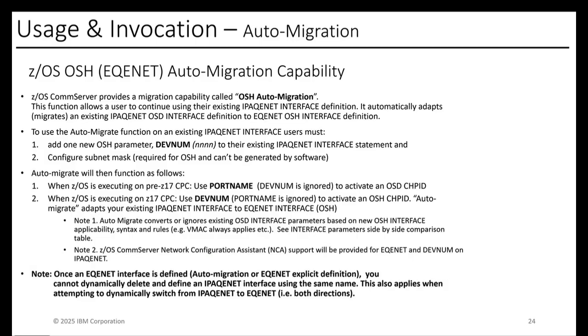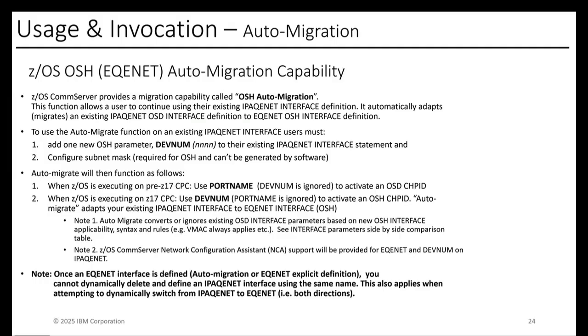When you see the side-by-side comparisons between IPQENet and EQENet, you're going to say, oh, that's not that bad. It's literally only 2 lines difference, or maybe deleting a couple lines, but you're not changing your IP routing or the IP addresses that you're assigning, so you'll see when we get there.